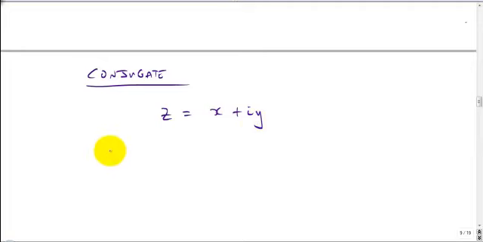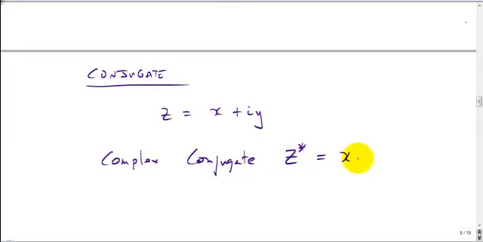Now the complex conjugate, we label that z with a superscript asterisk. So z asterisk is x minus iy. You just get the negative of the imaginary part.